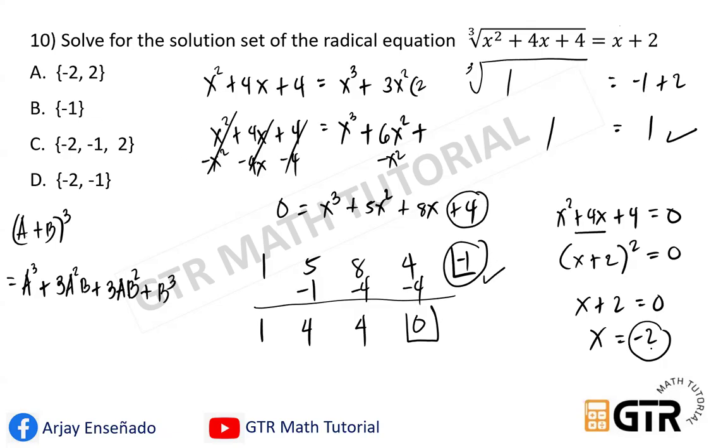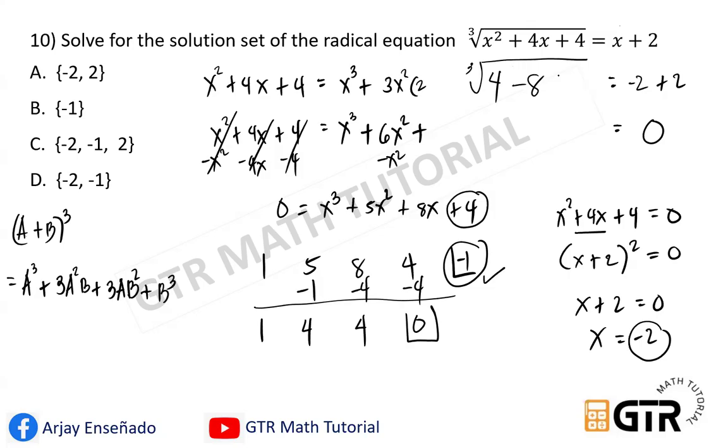Let's try negative 2. Substitute negative 2. We have negative 2 squared plus 4 times negative 2 plus 4 equals negative 2 plus 2. The right side is negative 2 plus 2, which should be 0. Let's simplify this. Negative 2 squared is positive 4. 4 times negative 2 is negative 8.